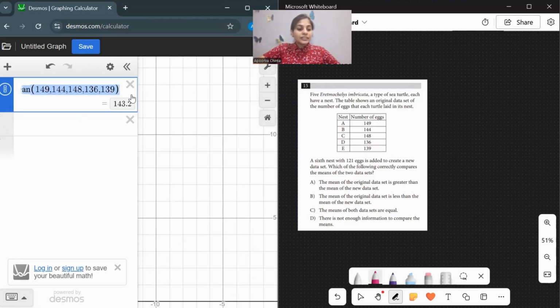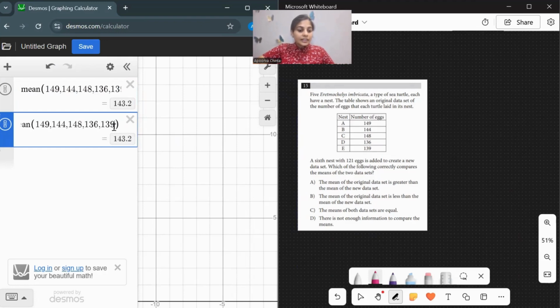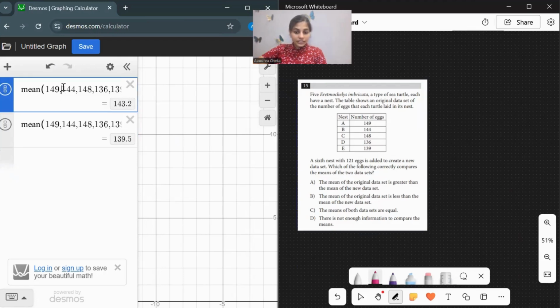Now let's also add 121. So I'm just copying this and pasting it over here and adding the last value, that is 121. So I see that the mean of the original data set is greater than the new one. The first option says the mean of the original data set is greater than the mean of the new data set. The second option says that the mean of the original data set is less than the mean of the new data set. Before confirming the answer, let's check the values again.